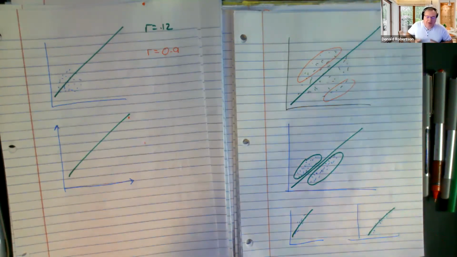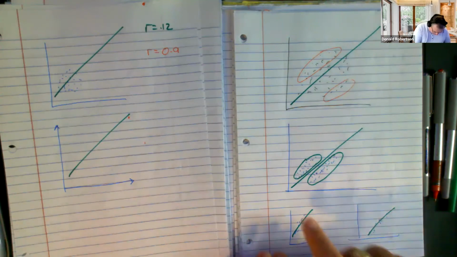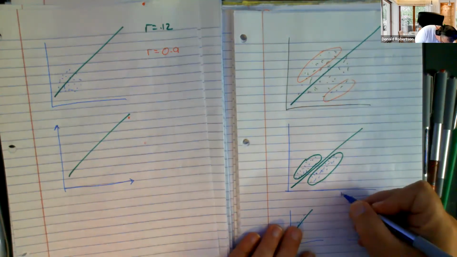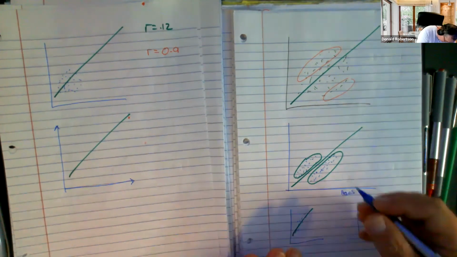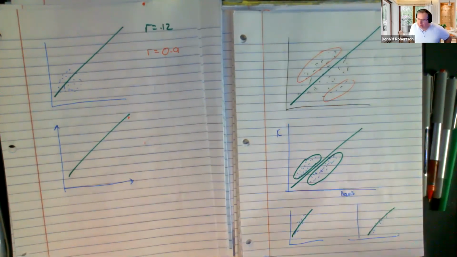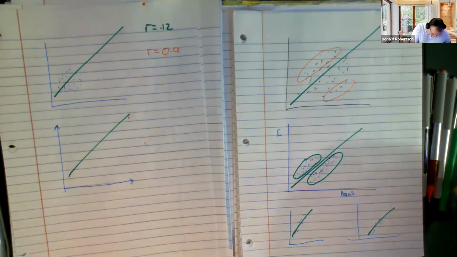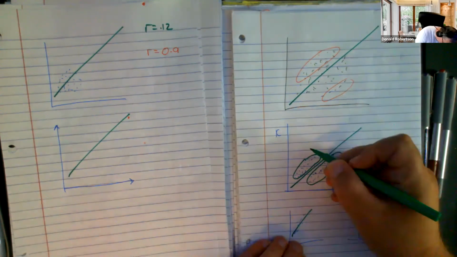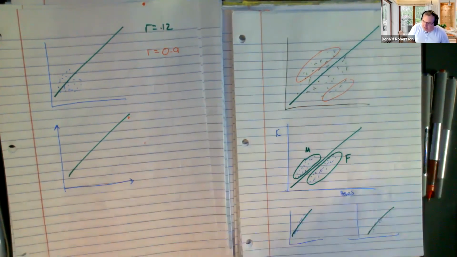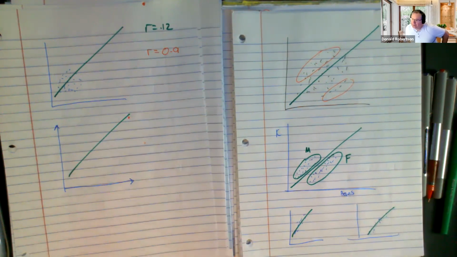So, yeah, let's suppose we're collecting data on, I don't know, ages of people and potassium level, right? And the data looks like that. Do you know what I might be looking at? Couldn't I be looking at a male-female split? And that male's potassium level as they get older is different than female potassium levels as they get older.